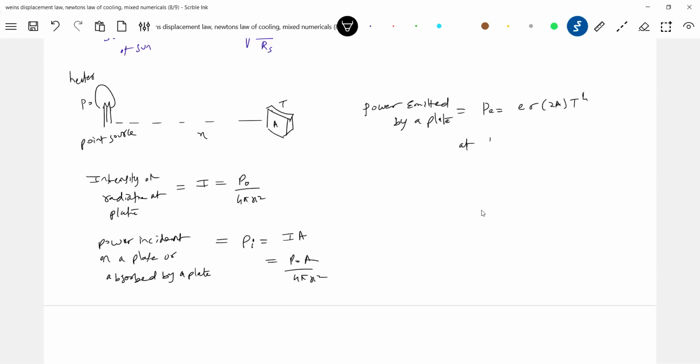At thermal equilibrium, power emitted should be equal to power incident. So E sigma 2A T to the power of 4 equals P naught A by 4 pi x square. Temperature of this should be P naught by 8 pi E sigma x square.